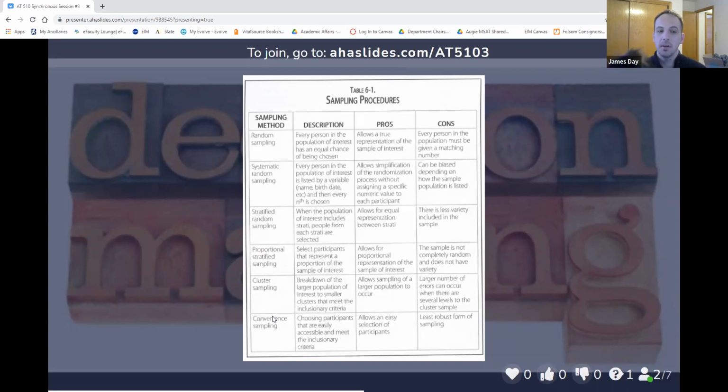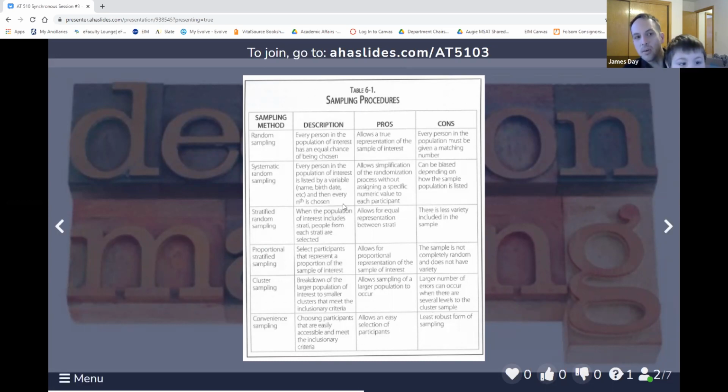Stratified random sampling would be, okay, I know there are men's and women's soccer and I want them equal, so I'm going to select half of my study to be men, half to be women. Proportional would be that, and then convenience would be, well, I'm going to just study soccer players at Augustine, right? And so from there, then I recruit.